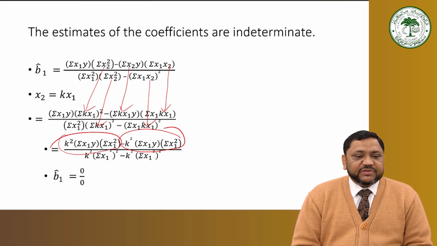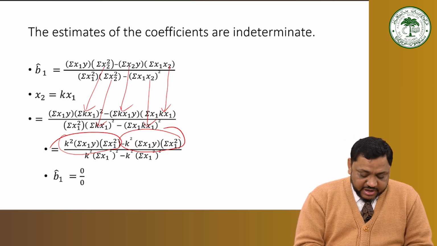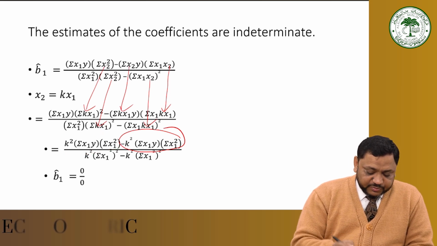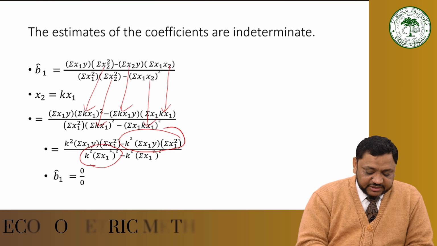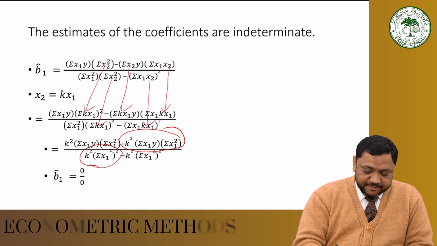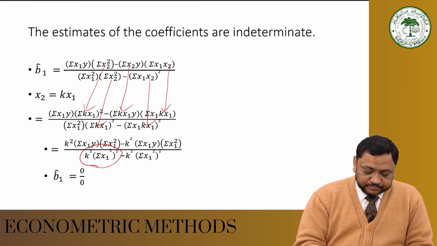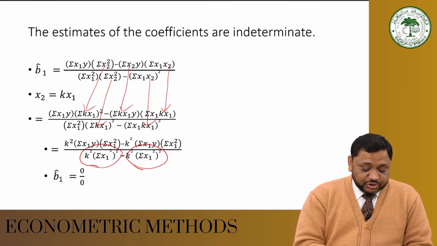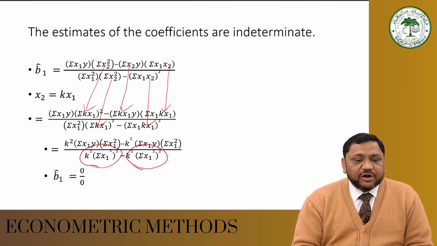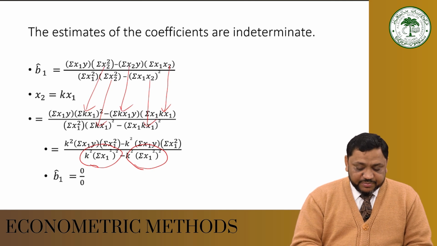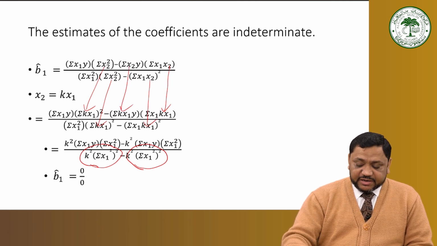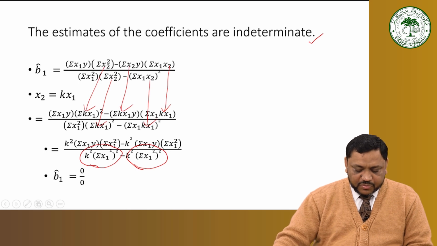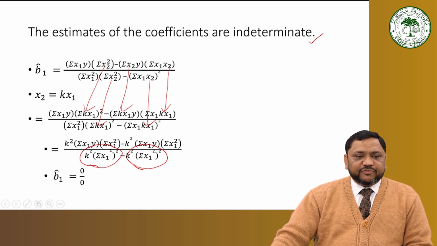The same thing happens with the denominator. So beta 1, you cannot estimate beta 1. Beta 1 is indeterminate.